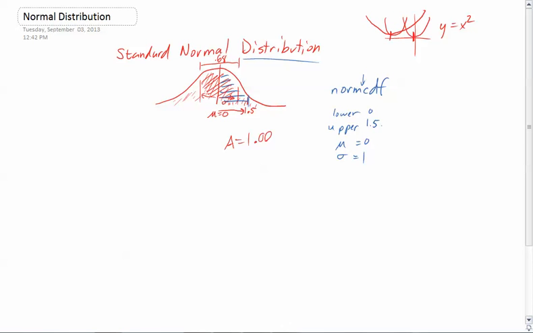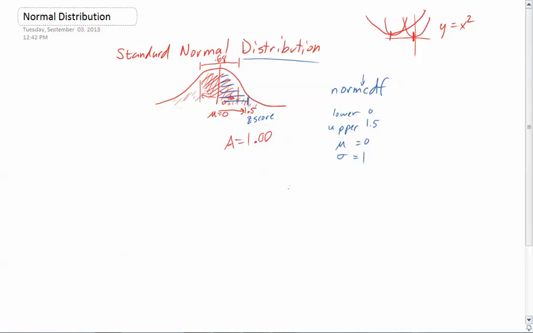Now, we have a special name for these values, and that name is the z-score. The z-score is just how many standard deviations we are from the middle, which on a standard normal curve is equivalent to the distance from the middle, right? Because one standard deviation is a distance of 1 from the middle. 1.5 standard deviations is a distance of 1.5 from the middle.